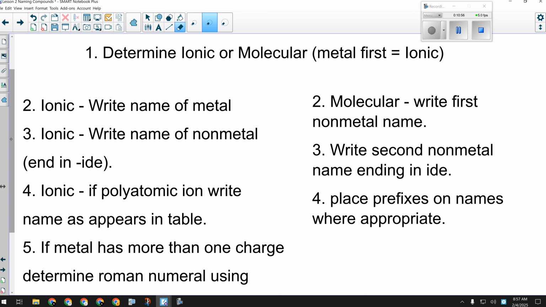Then write the name of the nonmetal, ends in "ide." If polyatomic, write the name as it appears. Metal has more than one charge, use a Roman numeral, right? And then for molecular, write the first nonmetal's name, write the second nonmetal's name, change anything to "ide," put the prefixes in. I'll give you a minute in case anybody wants to write that down, but those are the steps.